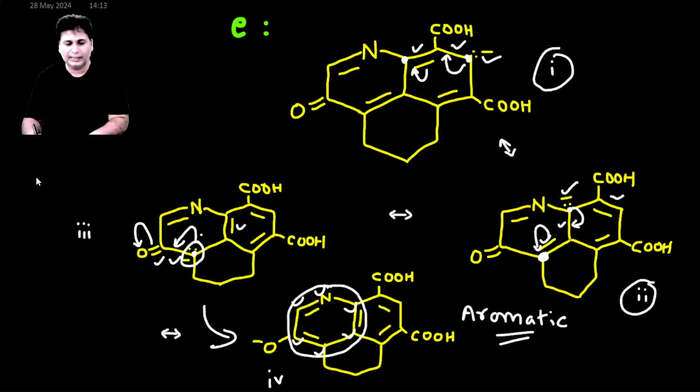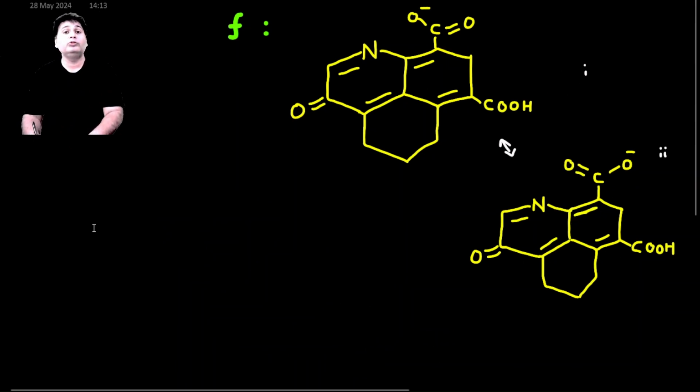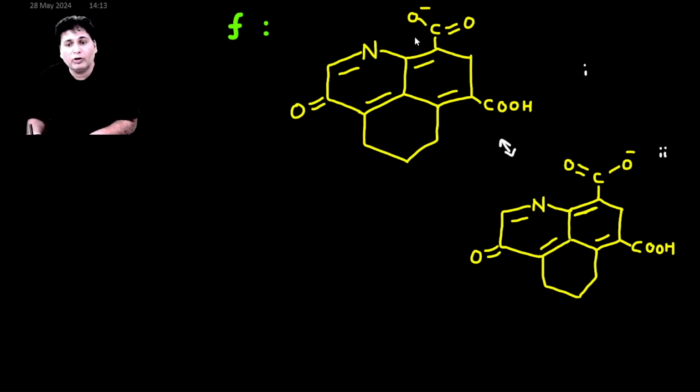Now coming on to the hydrogen number F. As you understand, the hydrogen number F was attached to this carboxylic group, and from here I have removed the hydrogen and it leaves the minus charge on oxygen. Once the minus charge comes, you have to think about its stability, and the prominent way to do that is to delocalize it using resonance.